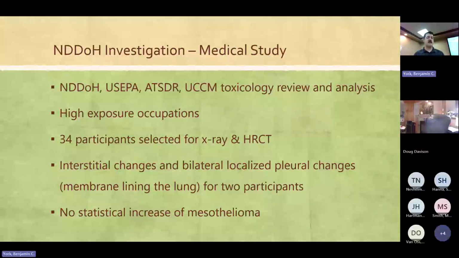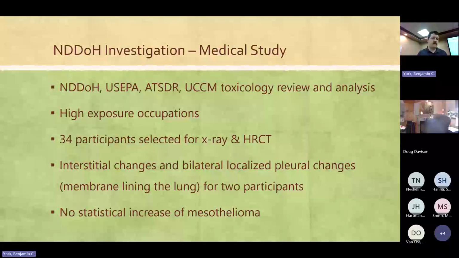But the high resolution computed tomography takes cross sections, and I'll show you some pictures of that coming up. You can see these abnormalities very clearly on it. So the HRCT was much more expensive and harder to use, but it was basically the only way you could figure out if there were any changes that could be attributed to Erionite.